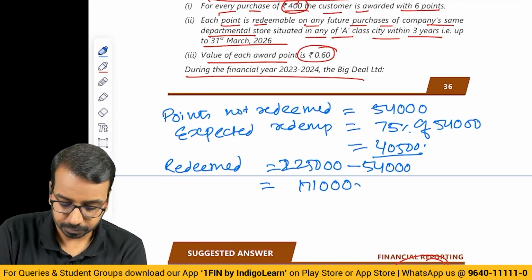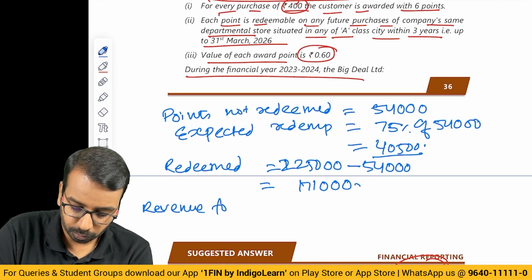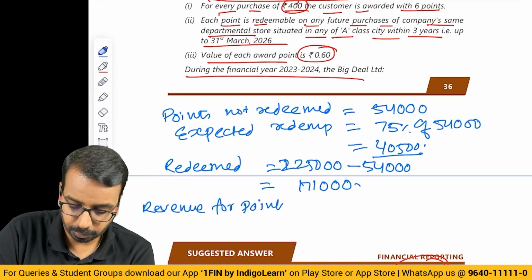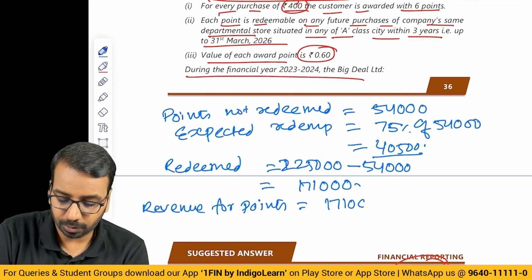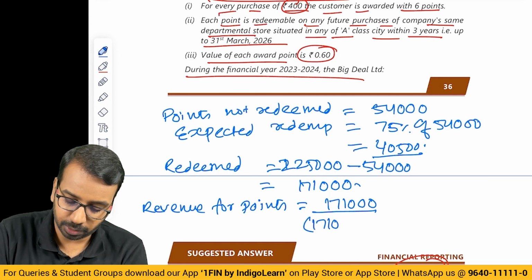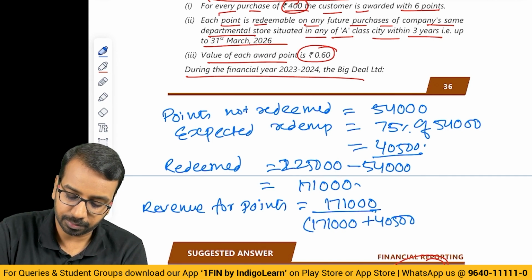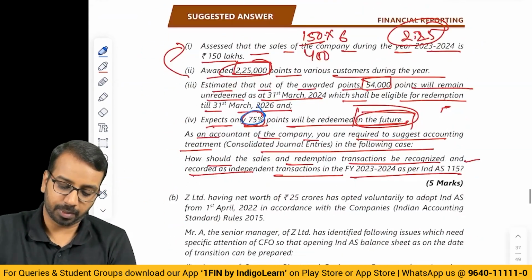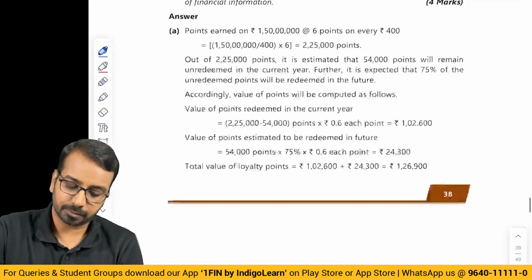So revenue for points, how much will be recognized in the current year? 1,71,000 divided by 1,71,000 that is redeemed in the current year plus 40,500 that will be redeemed in the subsequent year, multiplied by 1,33,796.